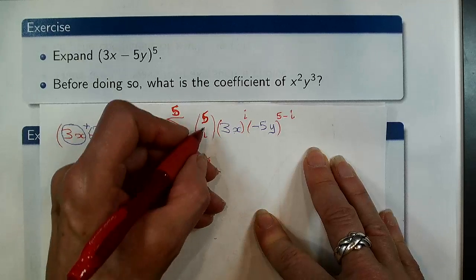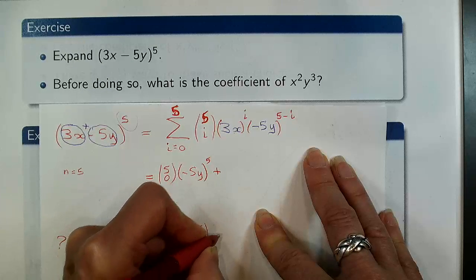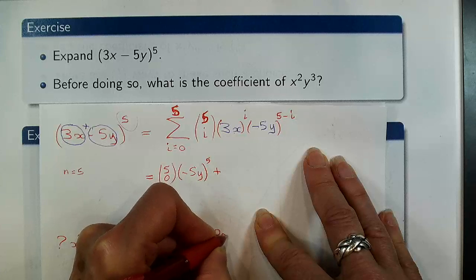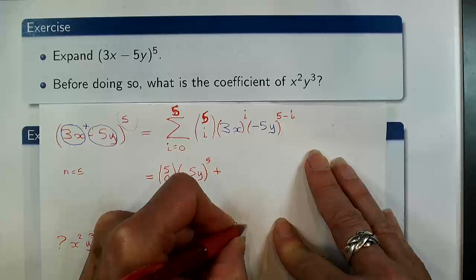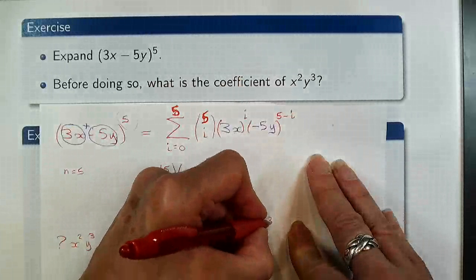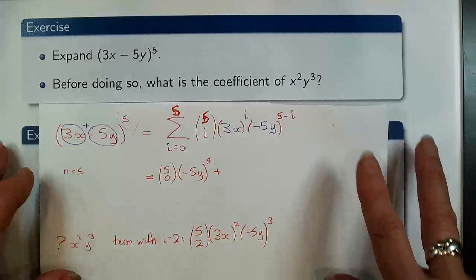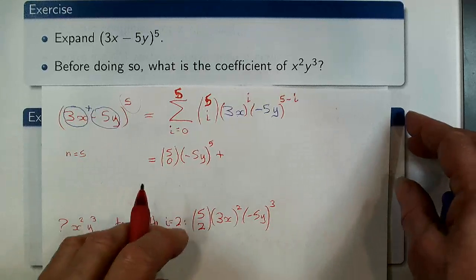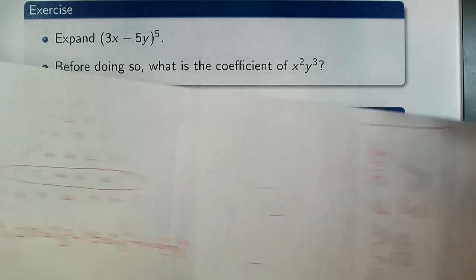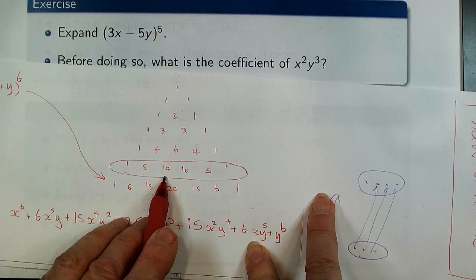So the whole term will be 5 choose 2, (3x) squared, (minus 5y) to the 5 minus 2, cubed. Let's tidy that up. 5 choose 2, from Pascal's triangle, is 10.